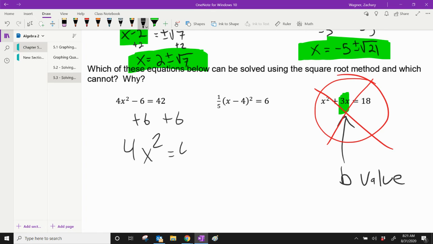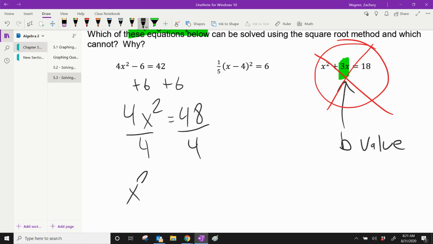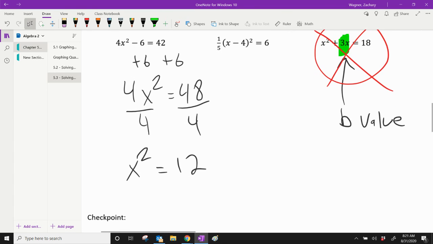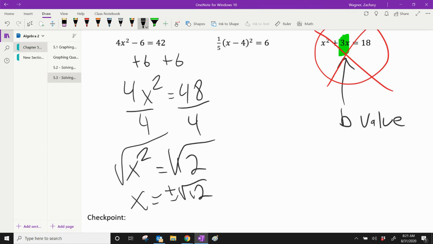We're going to isolate our squared term by adding 6 and dividing by 4 on both sides. 48 divided by 4 is 12. You can use a calculator for this information. Just like I said, make sure we leave everything in radical form. I do not want decimals ever.